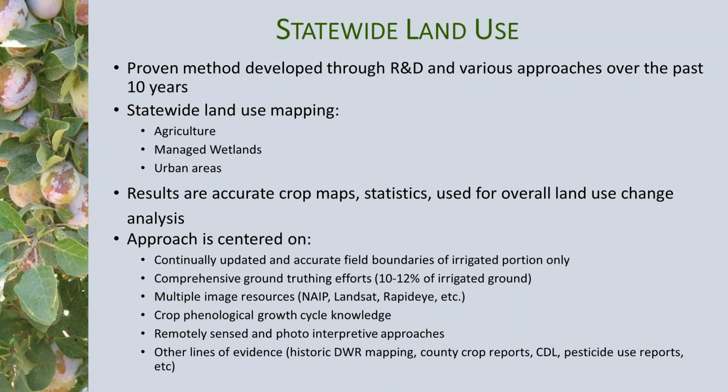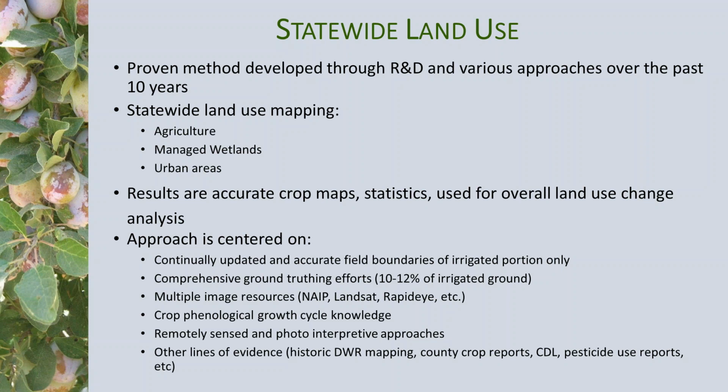Our approach is centered on continually updating what we call field boundaries. So we put a boundary around every single irrigated field in the state of California down to 2 acres. And the boundary encompasses only the homogeneous crop type. So think of a 40-acre block of land that may have a farm shop on one corner of it.